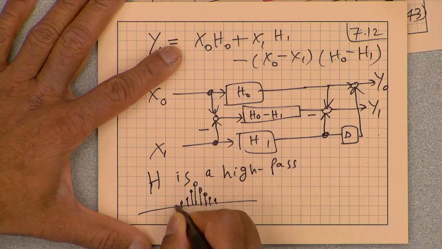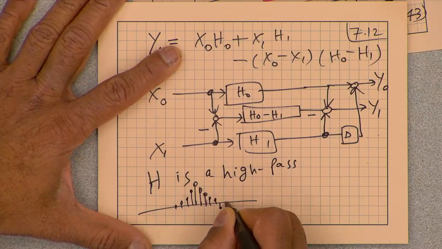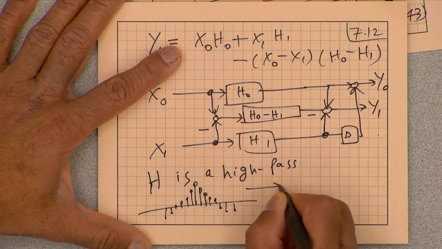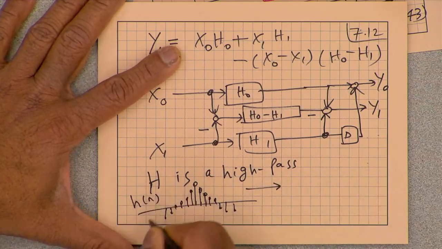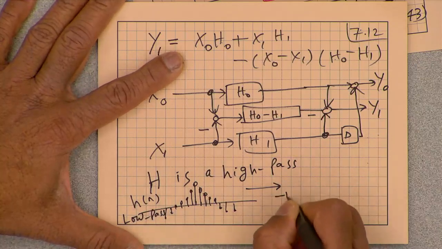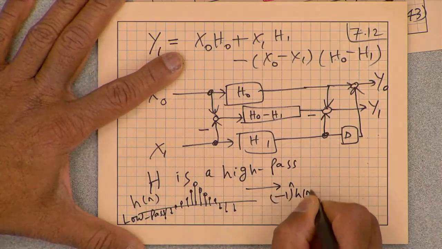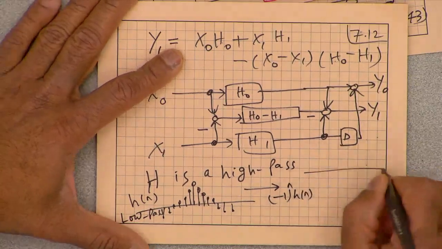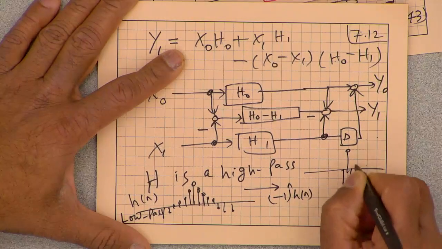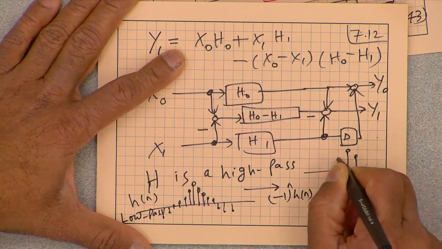If this is h of n, that is low pass, then minus 1 to the power n times h of n will be high pass.